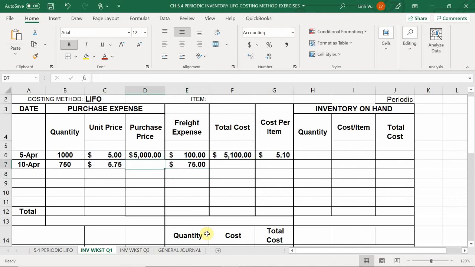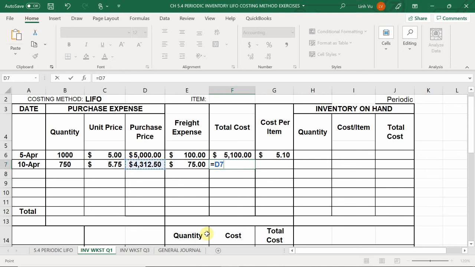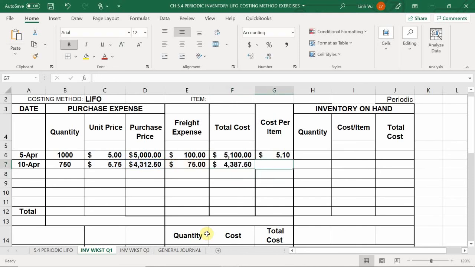So what's my purchase price here? $4,312.50. Good. Okay, plus my freight of 75 gives me a total cost of $4,387.50. So then what is going to be my cost per item?